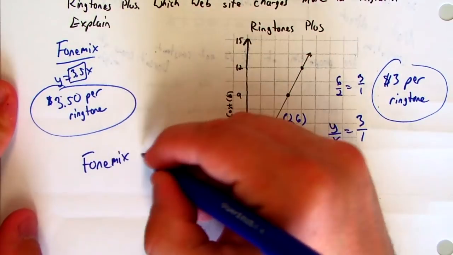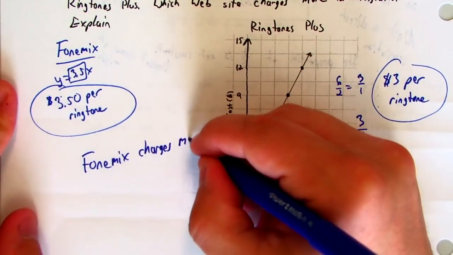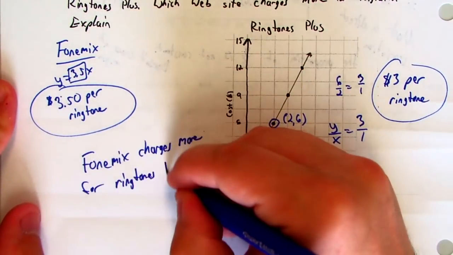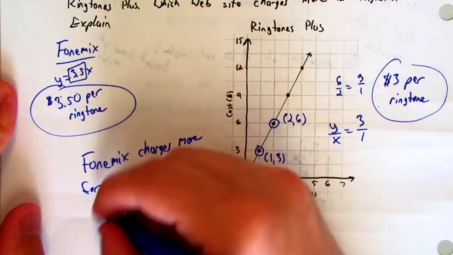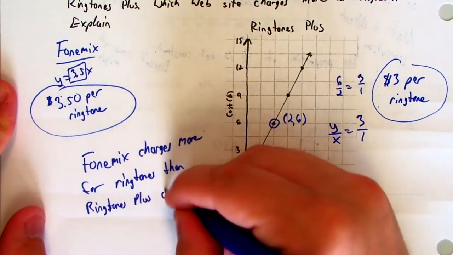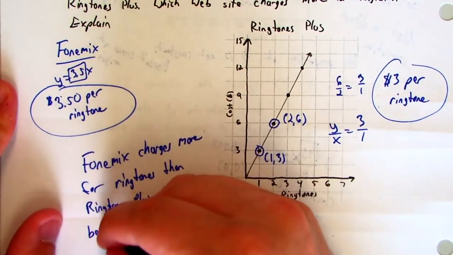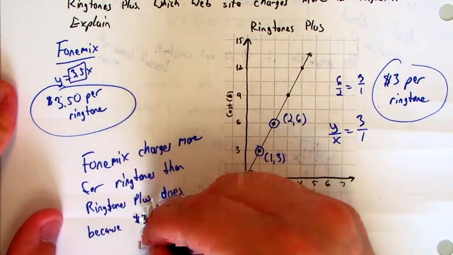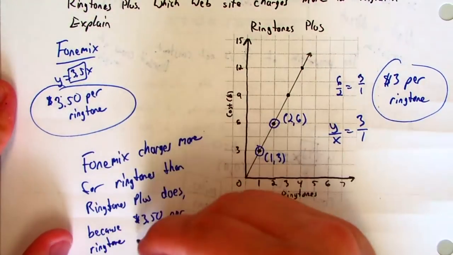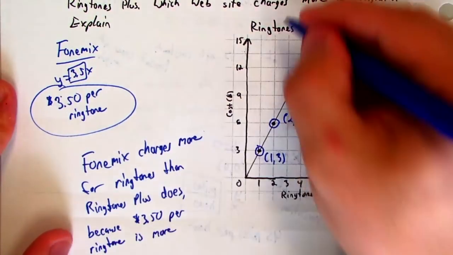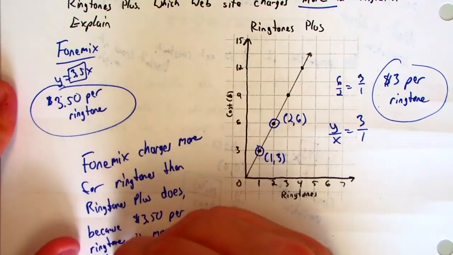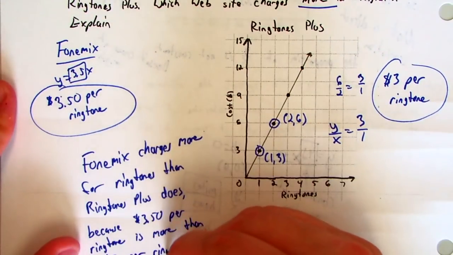So PhoneMix charges more for ringtones than Ringtones Plus does, because $3.50 per ringtone is more, and we were looking for more, than $3 per ringtone.